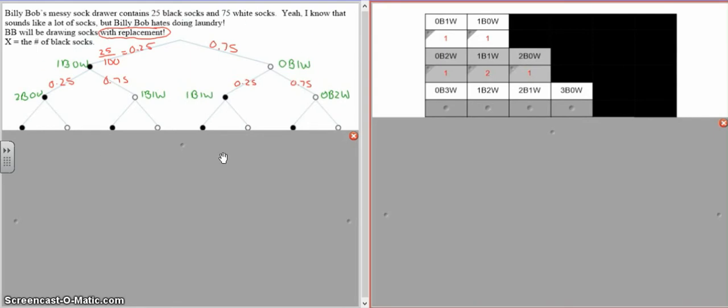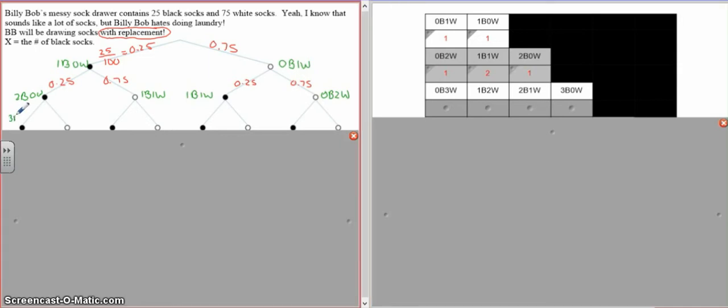Now what we're going to do is look at what happens if you draw 3 or 4 or 5 or even 10 socks. So if you drew 3 socks, this branch here would be 3 black, no white. This branch here would be 2 black, 1 white.